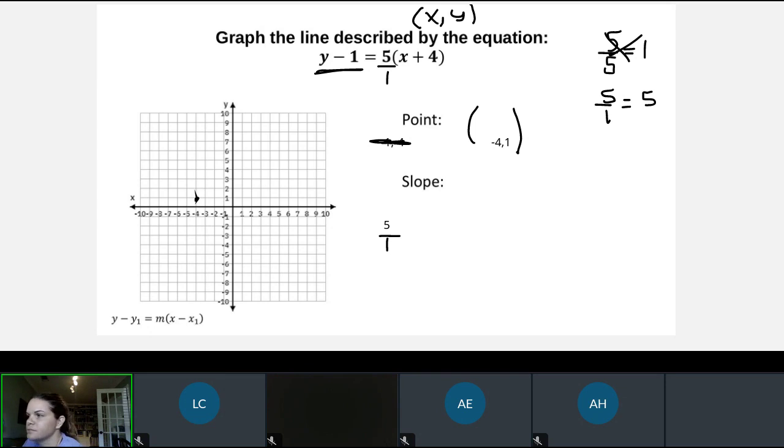Yes, Anya, good. So we would go 1, 2, 3, 4, 5, and to the right 1. And this is where our new point would be. And then we draw a line.